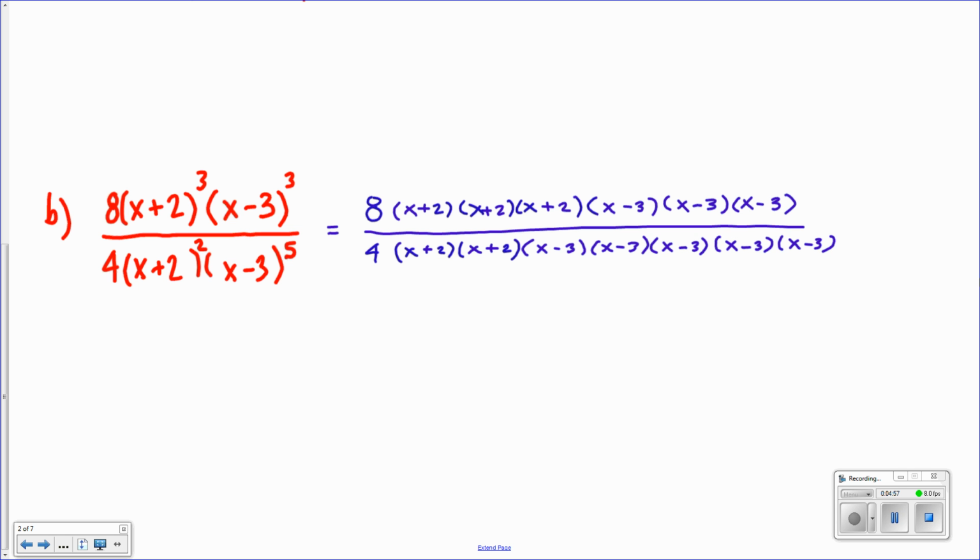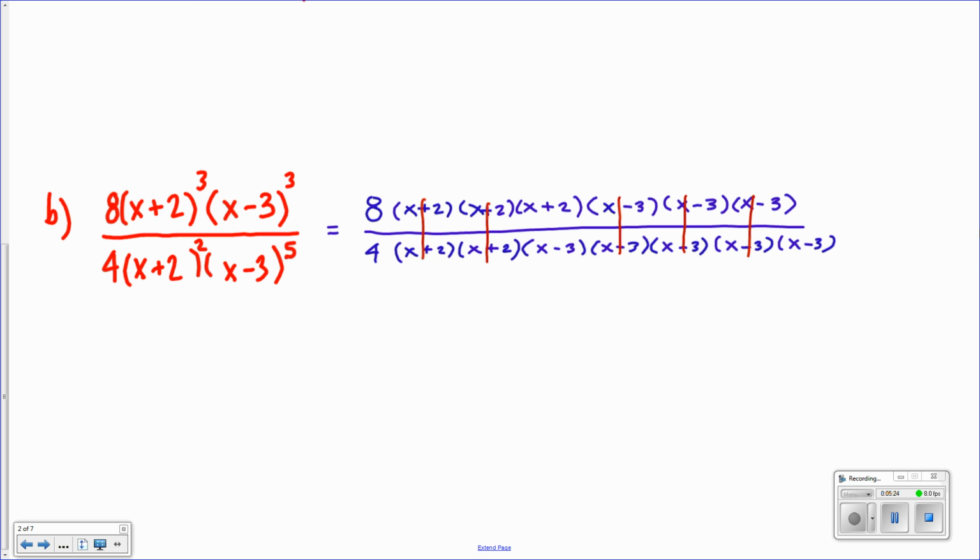So as we look for things that are going to end up giving us 1, x plus 2 divided by an x plus 2 is going to give us a 1. X plus 2 and x plus 2 is going to give us 1. X plus 2 over x minus 3 is not going to give us 1, so I don't want to do it there. But I do see that I have an x minus 3 over x minus 3, an x minus 3 over an x minus 3, and an x minus 3 over an x minus 3.